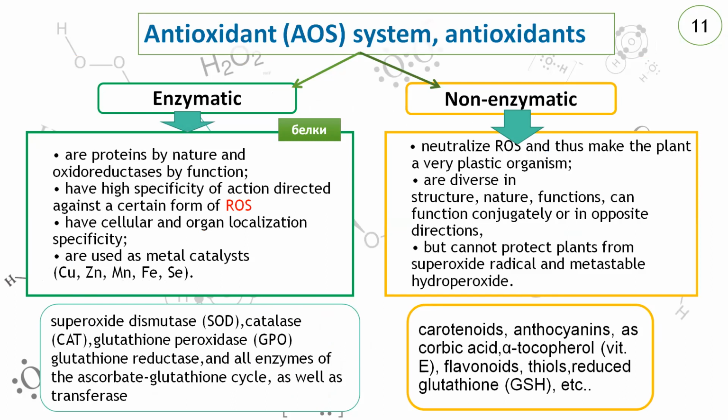And non-enzymatic, which neutralize ROS and make the plant a very plastic organism, are diverse in structure, nature, and functions, and can function in one direction or opposite directions. They cannot protect plants from superoxide radicals and hydroperoxide.